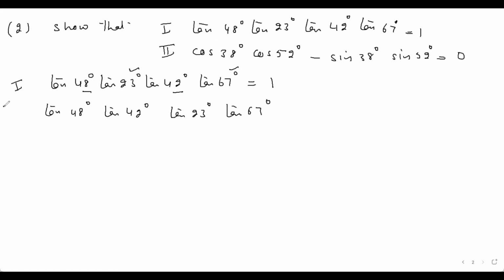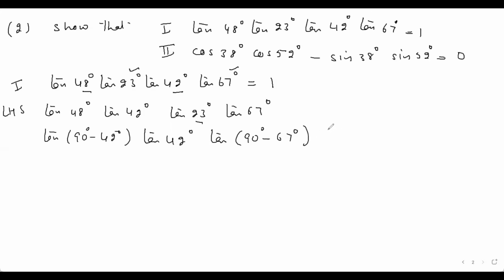Now this is the left hand side. Now 48 plus 42 is 90, so change one of them. Let me change this 48 to tan 90 minus 42 degree, and then tan 42 degree. Change 23 degree, so this will be written as tan 90 minus 67 degree, and then tan 67 degree. Now tan 90 minus theta is cot theta.